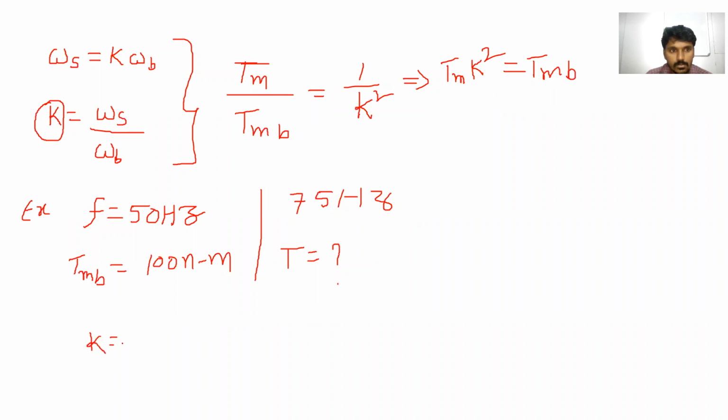K is equal to omega s upon omega b, that is equal to f upon f rated. Here omega s is the synchronous speed at the given frequency, and omega b is the synchronous speed at the rated frequency, the base speed. So k is equal to f by f rated.